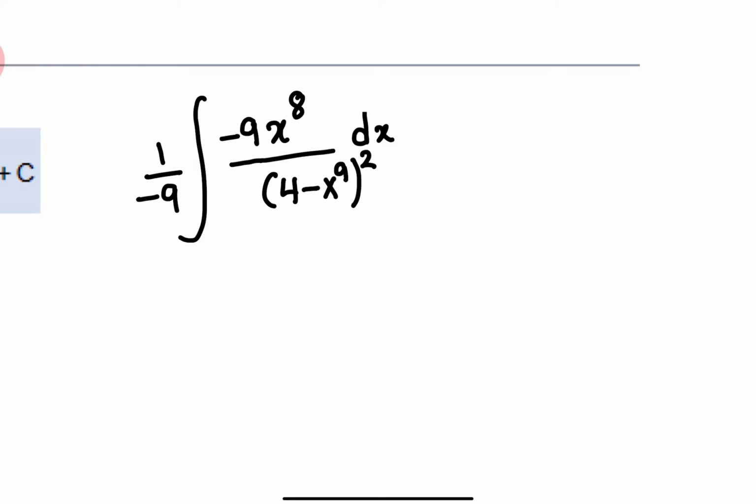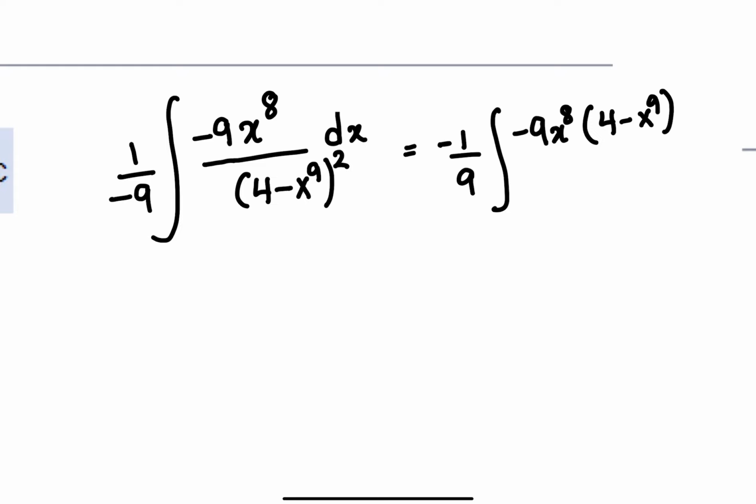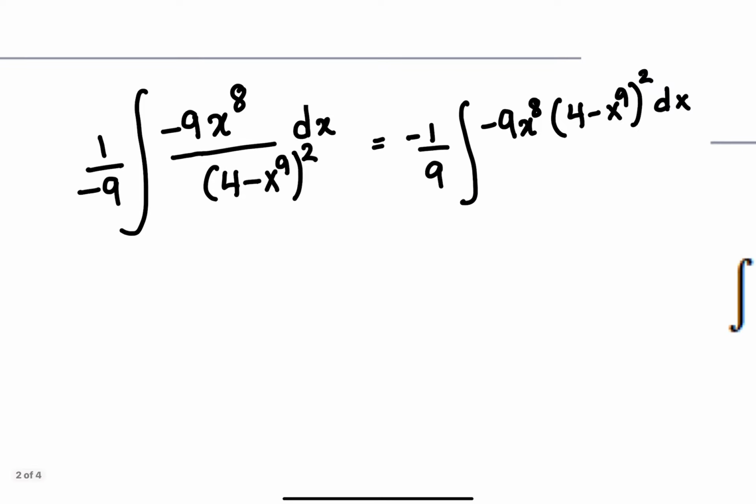And now, look what I'm going to do. I'm going to rewrite this. You know I don't like to work with the quotients. So it's negative 9 x power 8 times 4 minus x to the power 9 whole squared to the power negative 2, dx. I have the function, I have the derivative.